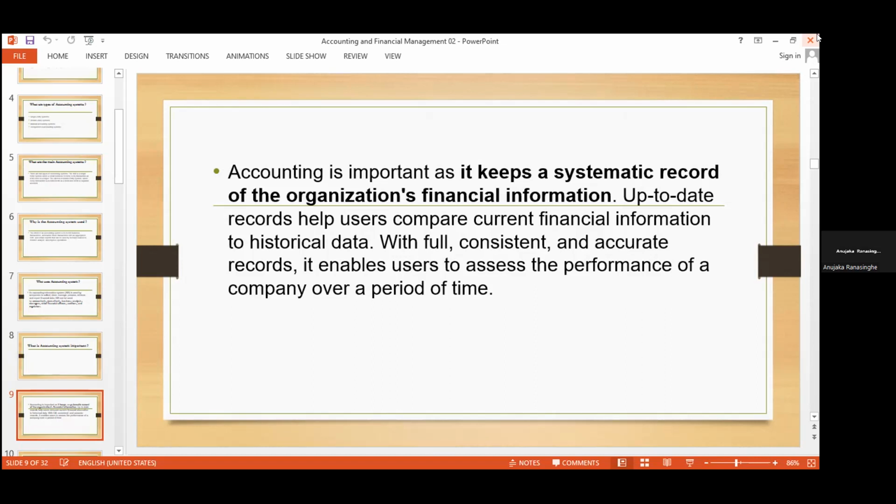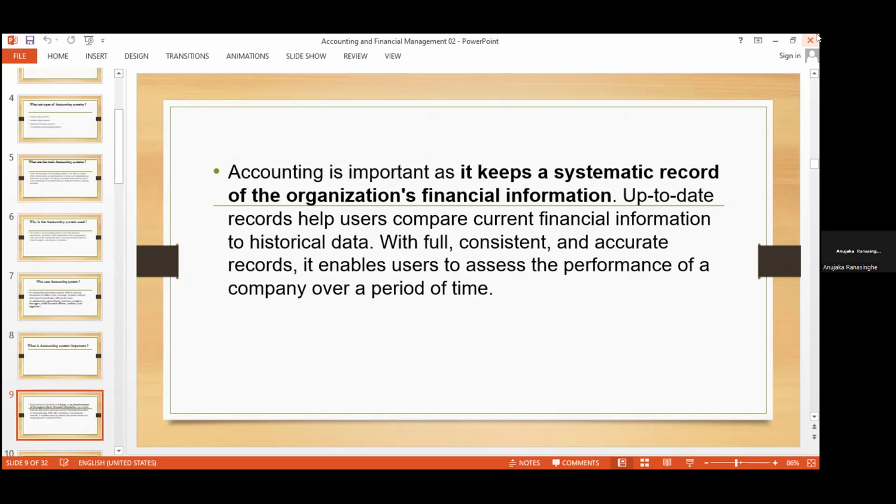Up-to-date records help users compare current financial information to historical data. Investors and interested parties want our financial statements compared with others, other similar companies, or our past records.